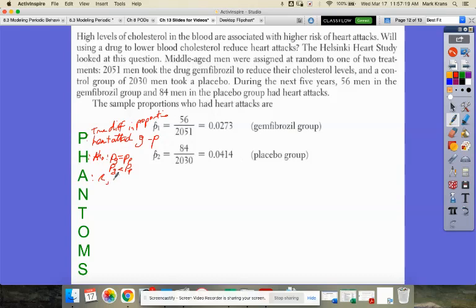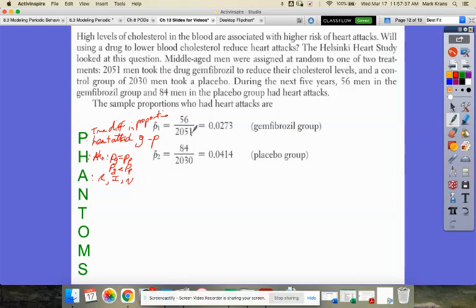Assumptions and conditions: random. Yes, they were randomly assigned. Independent: I'm guessing that there are more than 40,000 men who have high cholesterol in the Helsinki area, okay?